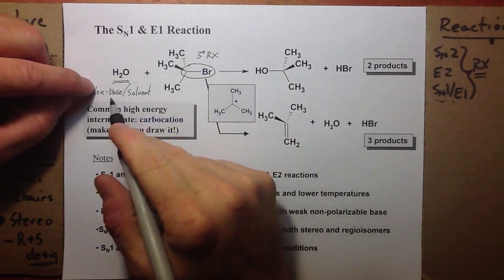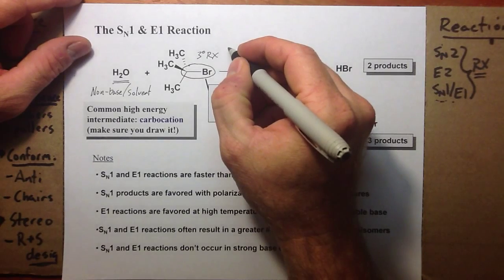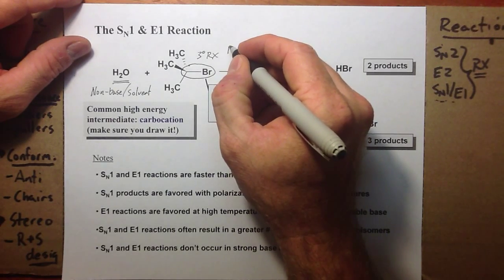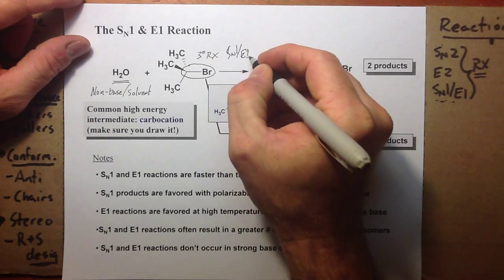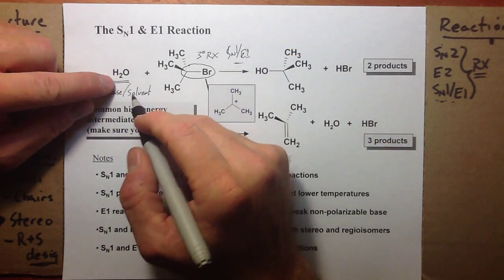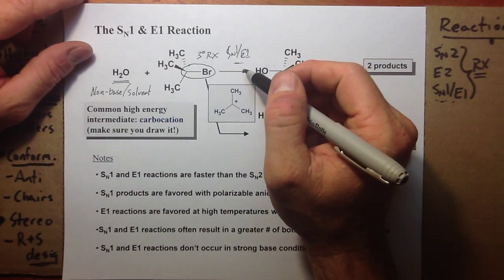So we've tagged our nucleophile and we've tagged our alkyl halide, and according to the rubric, we would have an SN1 E1 condition. Product solvent, non-base, tertiary RX, SN1 E1.